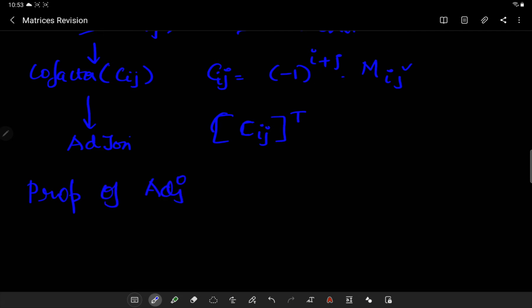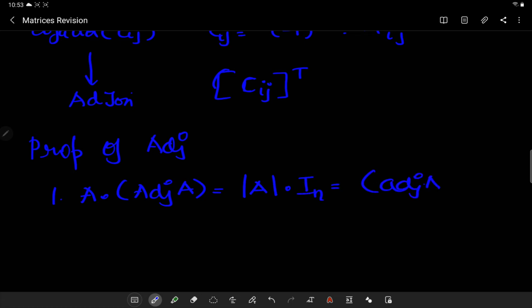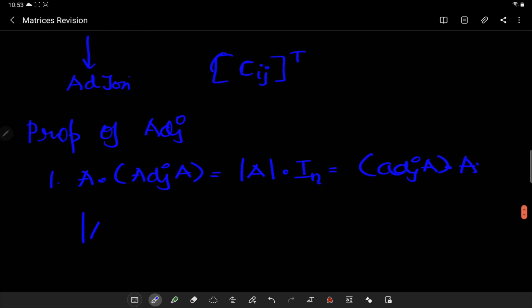So, try to remember these particular properties. The first property is the product of A into adjoint matrix will be determinant of A into identity matrix, or I can simply write adjoint A into A. Next, what is the determinant of adjoint A?